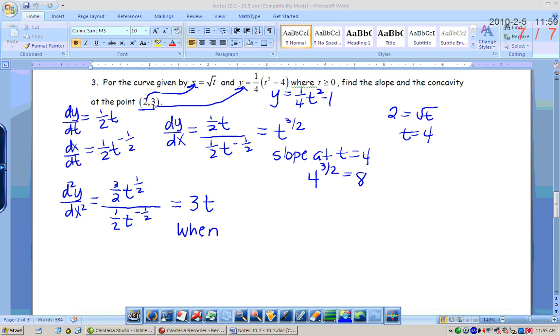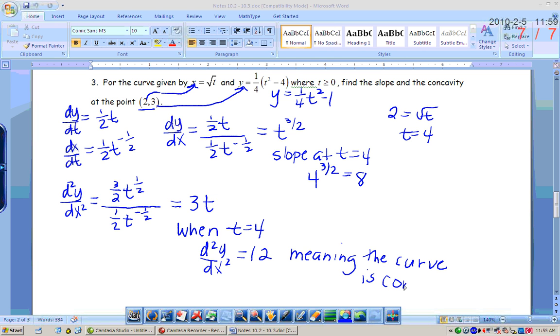And we're interested in the same point, so t is 4 at that point. So when t equals 4, the second derivative will equal 12, meaning the curve is concave up.